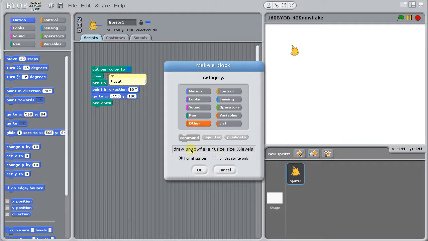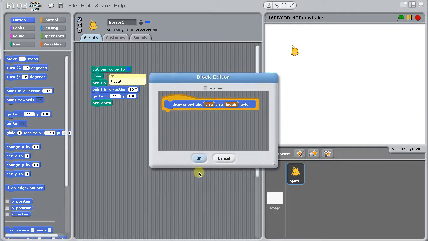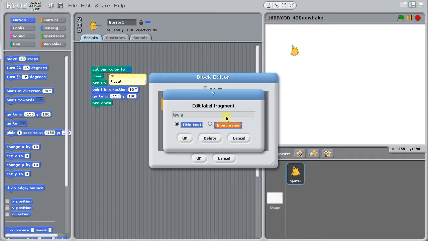Oops, did I run out of room? I think I might have. Yeah, it just doesn't want to show me anything more out there. So we'll go fix it up. I want this to be a motion block and a command. Okay, so my levels, I just got to fix that.